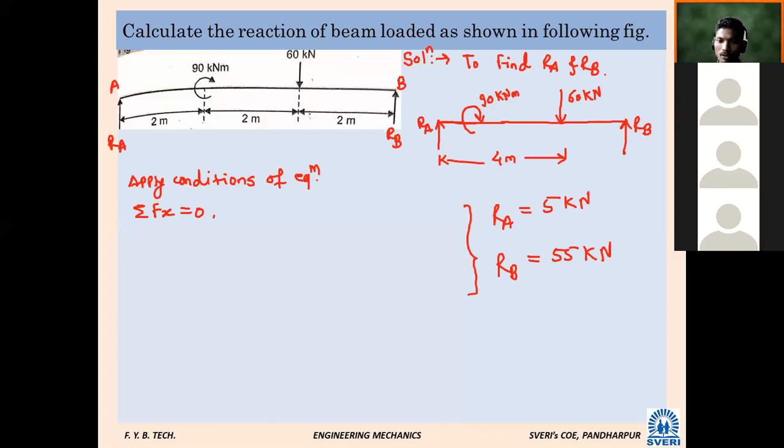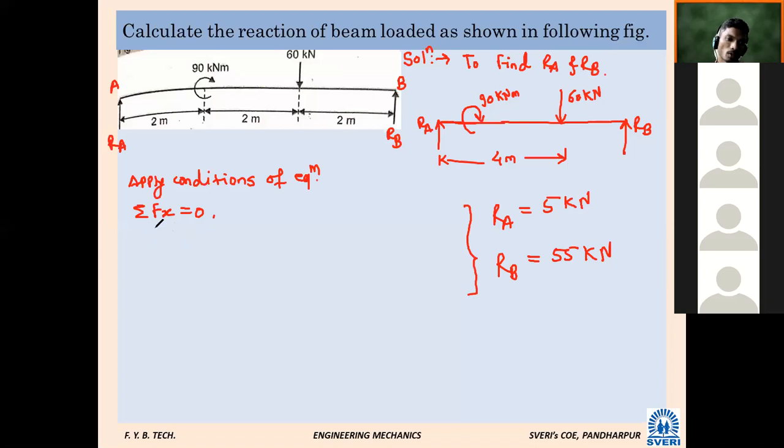Roll number 21, have you got the answer? Have you got both the answers? So you will tell the equation, summation of x is equal to 0. What will be the equation? What about RA, plus or minus? F of y, sir?